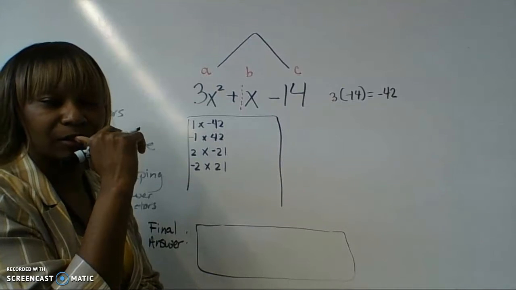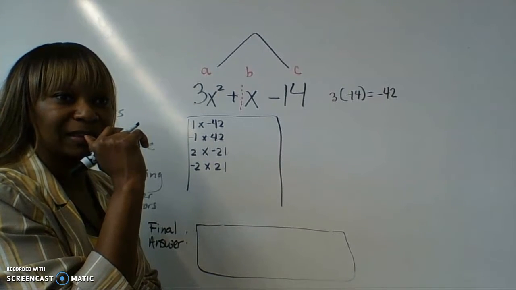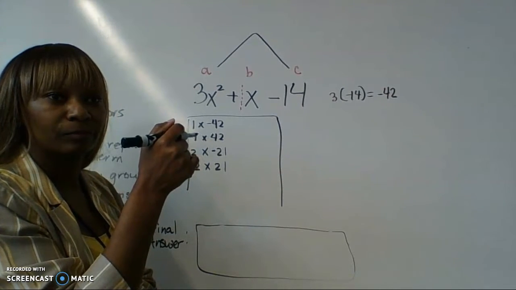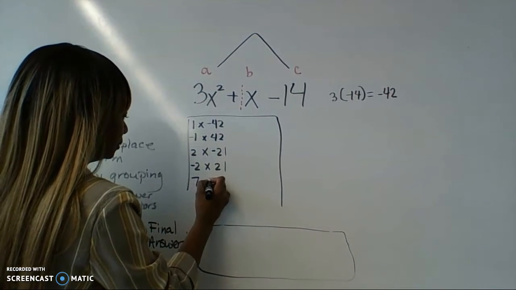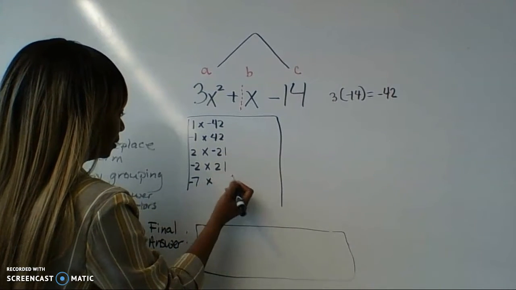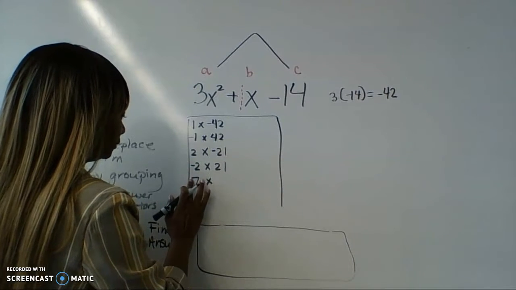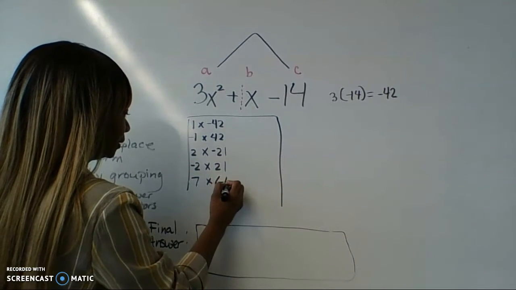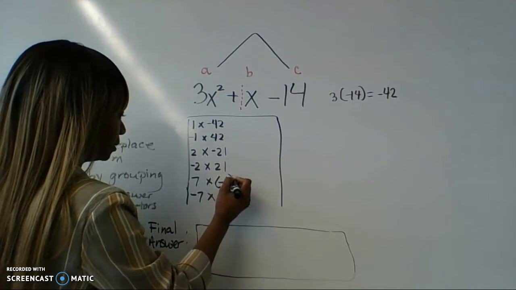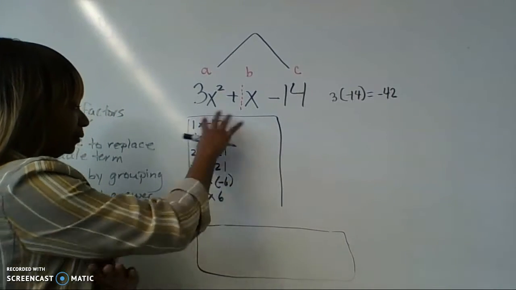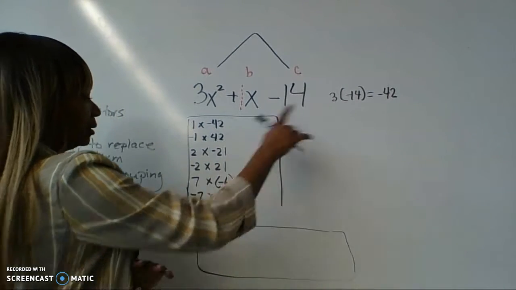And what else? I could use 7 times negative 6, or negative 7 times positive 6. So all of these multiply back to negative 42.